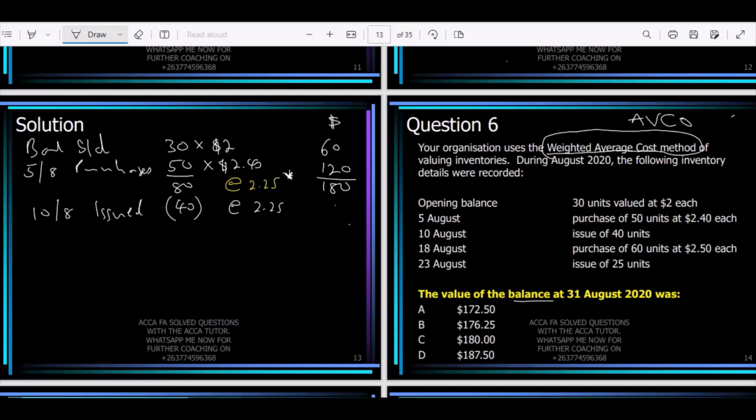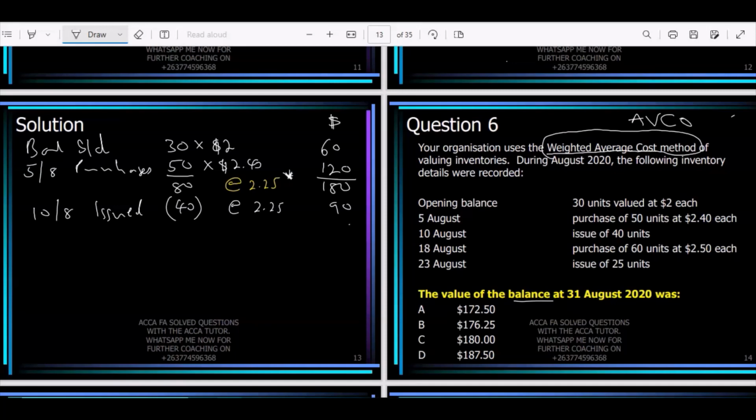And 40 multiplied by 2.25, what do you get? Let us use our calculators. We get 90.